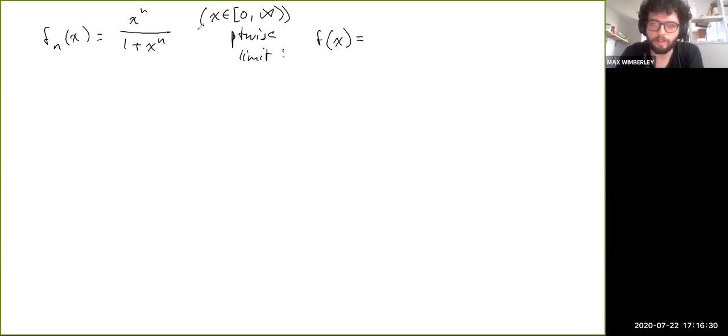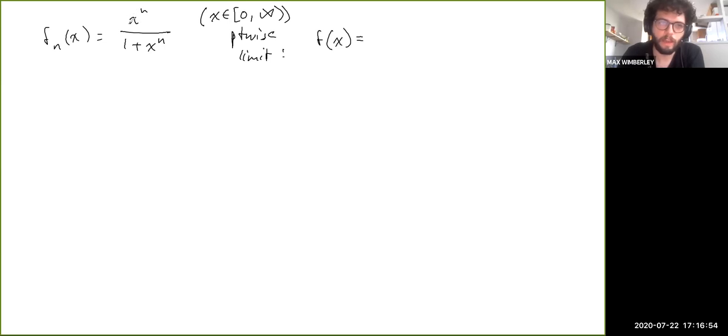Remember, the way you get the pointwise limit is you pick a specific x value and take the limit as n approaches infinity. If we think of x as a constant and let n approach infinity, there are three things that can happen.